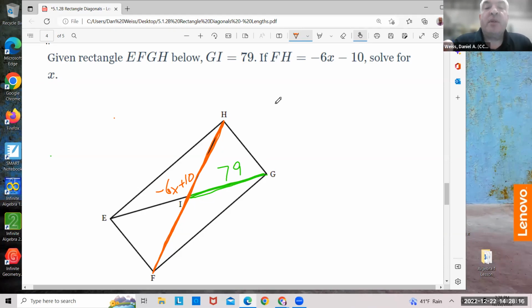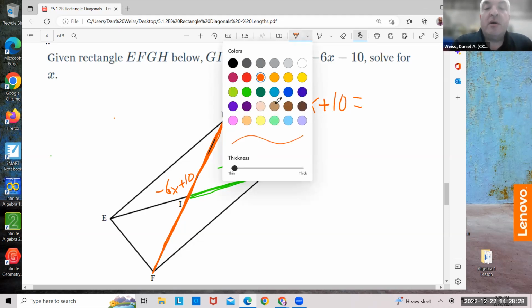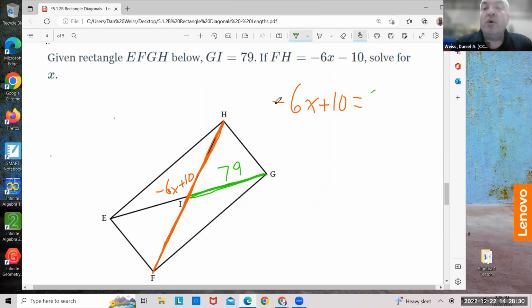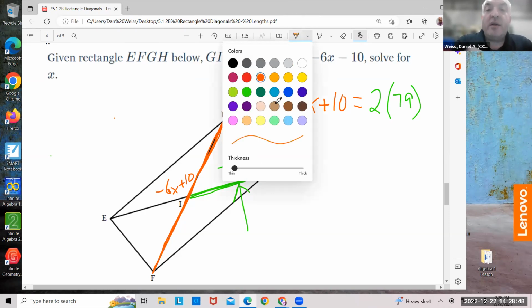Okay, so look. Negative 6x plus 10 equals 2 times 79, right? Two of those guys equals one orange one, right? So I've got to double the 79. Now what?